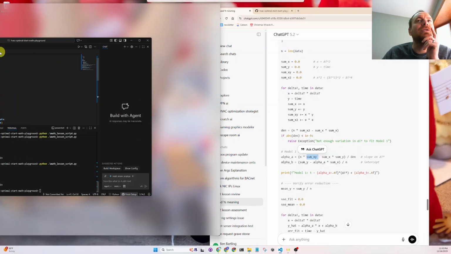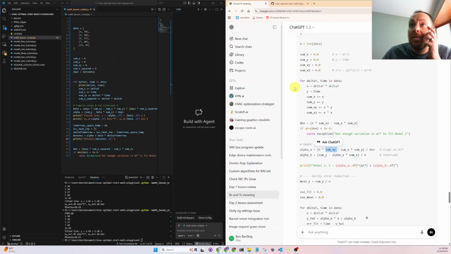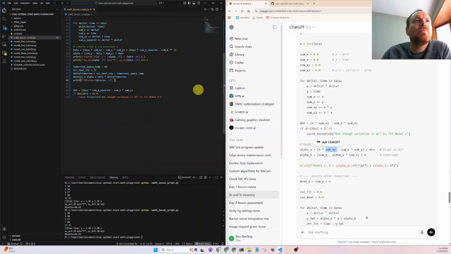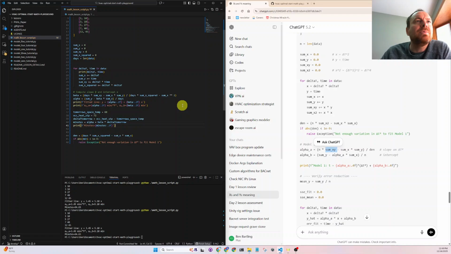Maybe I'll just put this over here. Put them side by side. So alpha A equals, or alpha B. Or maybe I was kind of screwing this up a little bit. Slope and intercept.